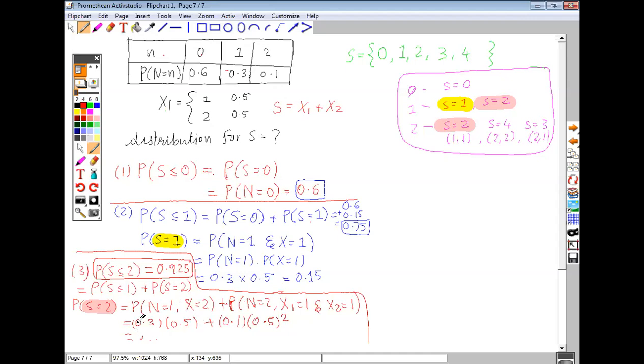So वही same चीज हम लोग करके हम लोग देख रहे हैं कि कब हमारा S will be 2 and these are the two cases. So यहाँ पर N1 है, X2 है, यहाँ पर N2 है, X1 1 है और X2 1 है. So these two cases, you add them together and you get some answer. And you add this thing together and this thing together. So this thing will come from here, 0.75, and you will get some number for this and you will get the total as 0.95.